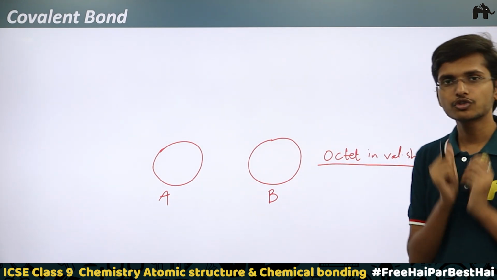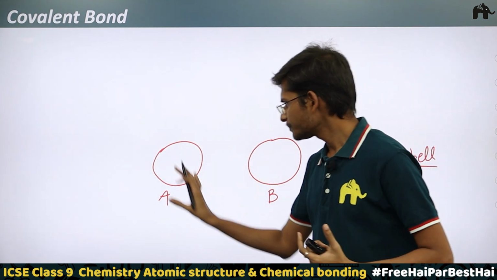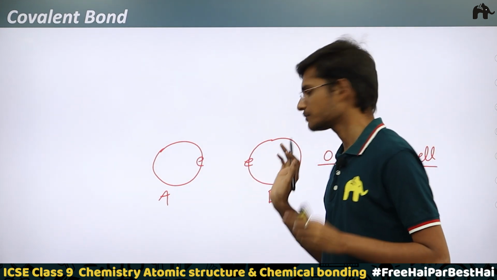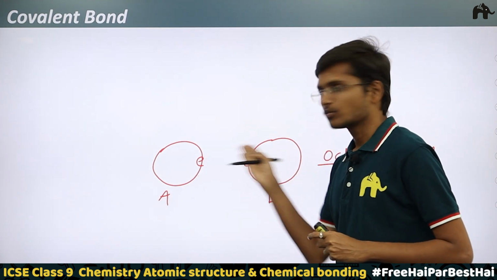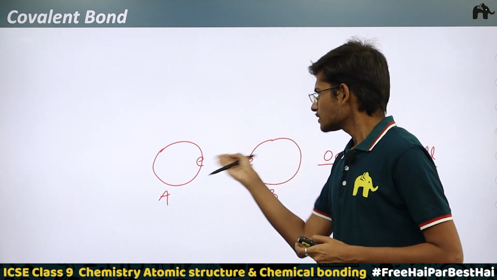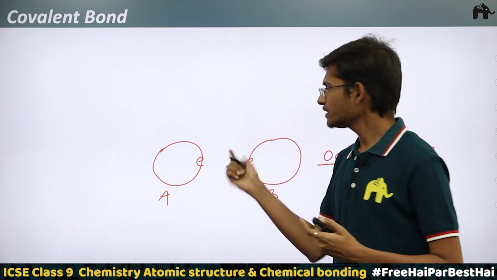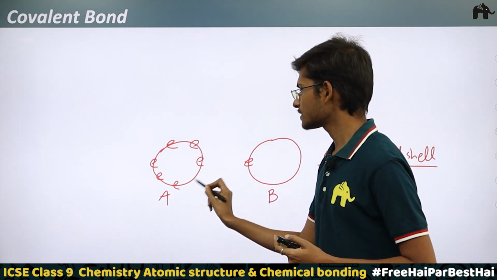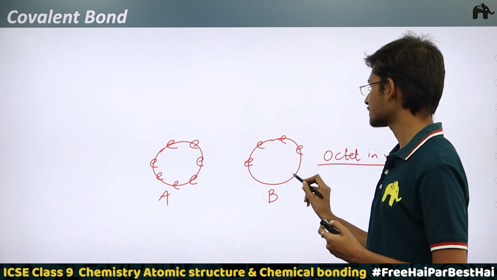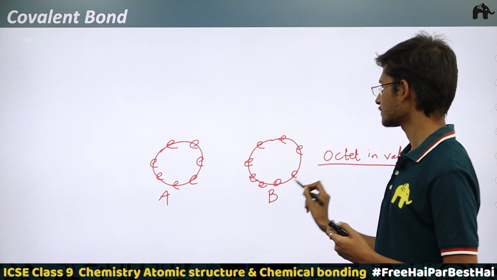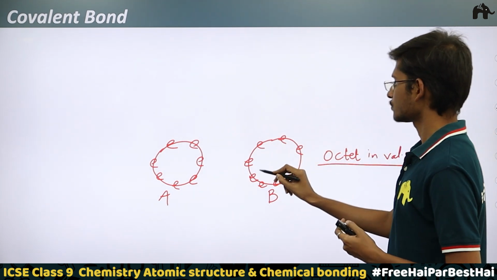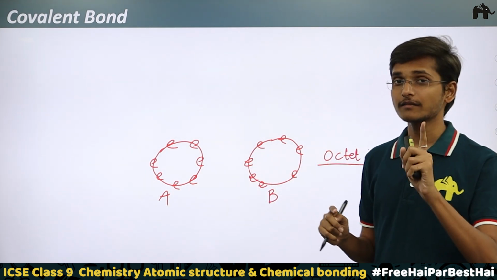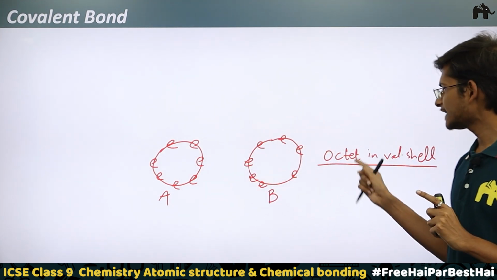I said 1 by mistake, but it is 7. So they are short of only 1 electron to have 8 electrons in their outermost shell.